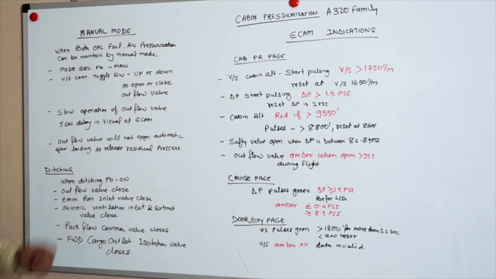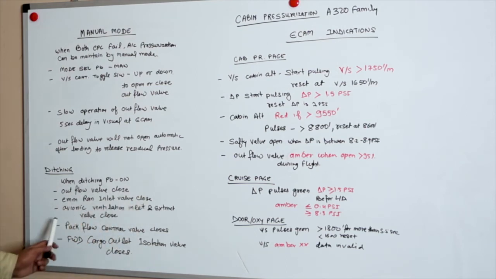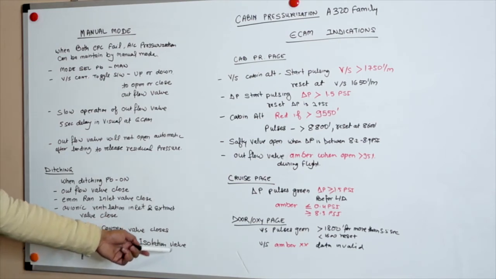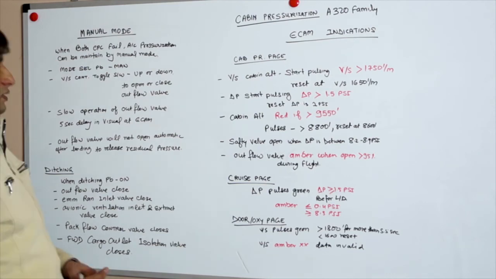When we make the ditching push button on, the outflow valve, emergency ram inlet valve, avionic ventilation inlet and extract valve, pack flow control valve, and forward cargo outlet isolation valve all get closed.